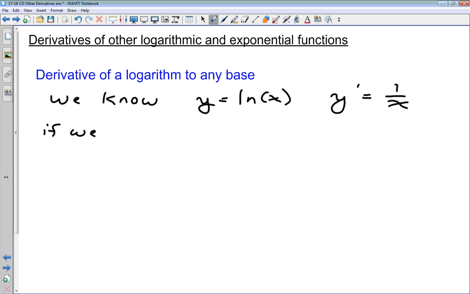So if we have a function that is y equals log, and I'm just going to have our base be a here, where a is just some number, so log base a of x, we can take this logarithmic expression and turn it into an expression that uses the natural logarithm using the change of base formula.